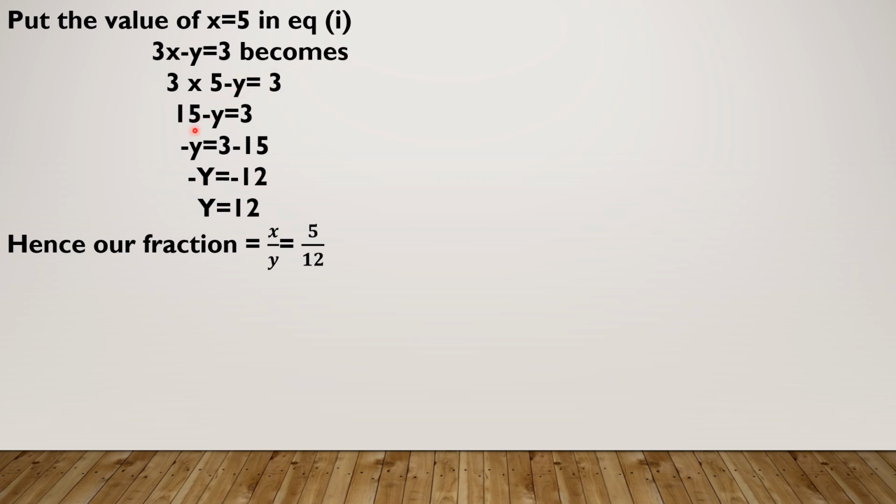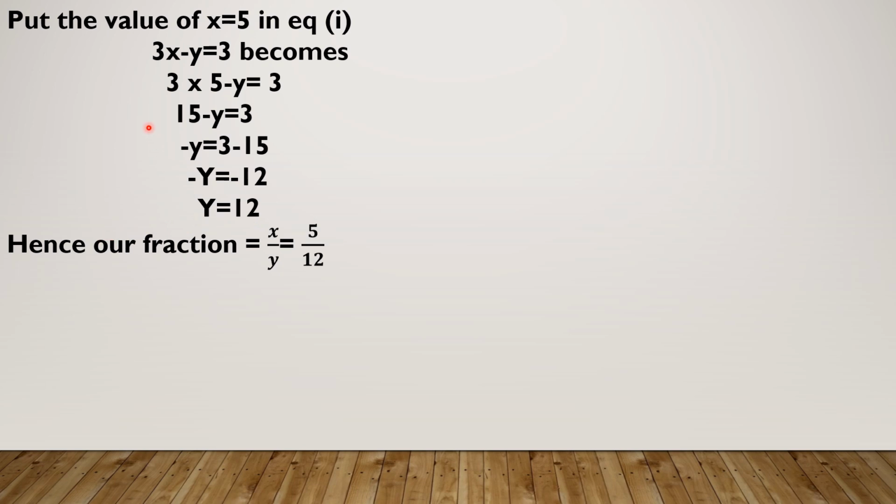On solving, we get 15 minus y equals 3. Then minus y equals 3 minus 15, so minus y equals minus 12. The minus signs cancel out on the LHS and RHS. Finally, we get the value of y equals 12.